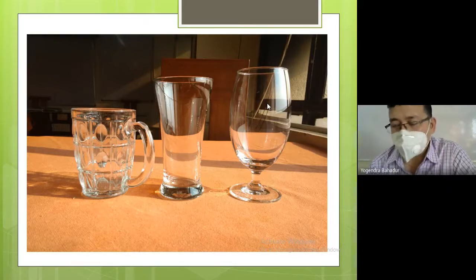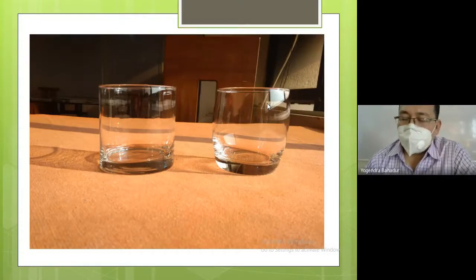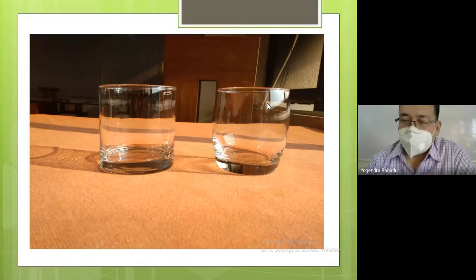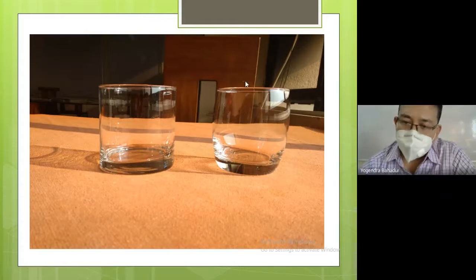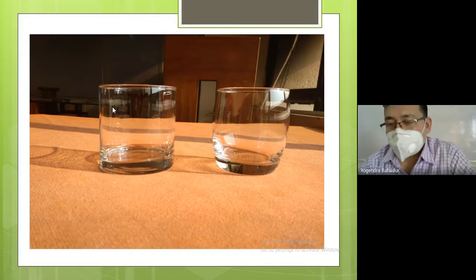Moving further, going to the next slide. Here, both the glasses are looking the same in appearance, but both have different names. On the left hand side, which is cylindrical, is known as old fashioned glass. In some books, you will also find it has the name of rock glass.